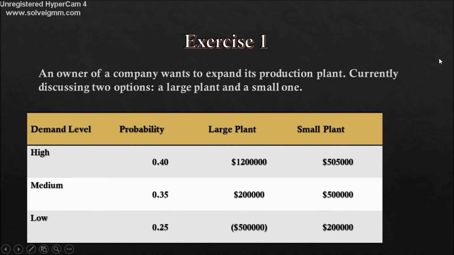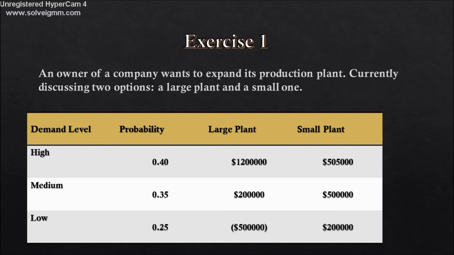Just to make clear all the concepts, we're going to make a short exercise about the decision tree. An owner of a company wants to expand his production plant. Currently discussing two options, a large plant or a small one. Demand level: high, medium and low.